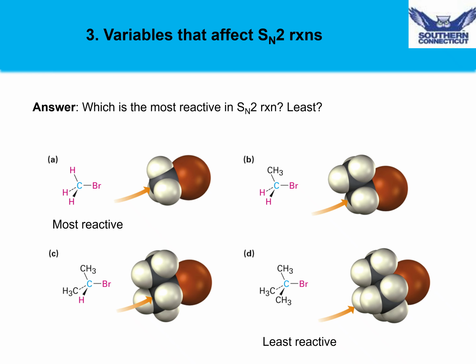In this group of four molecules, the most reactive SN2 alkyl halide would be the one that is sterically hindered the least. So in this example, A would be the most reactive because it's a methyl bromide. The least reactive would be the one that is most sterically hindered. So that would be the tertiary alkyl halide shown here.